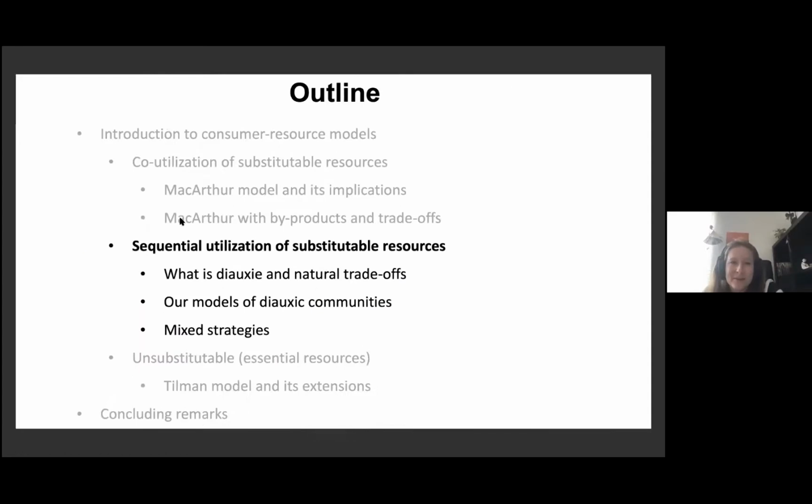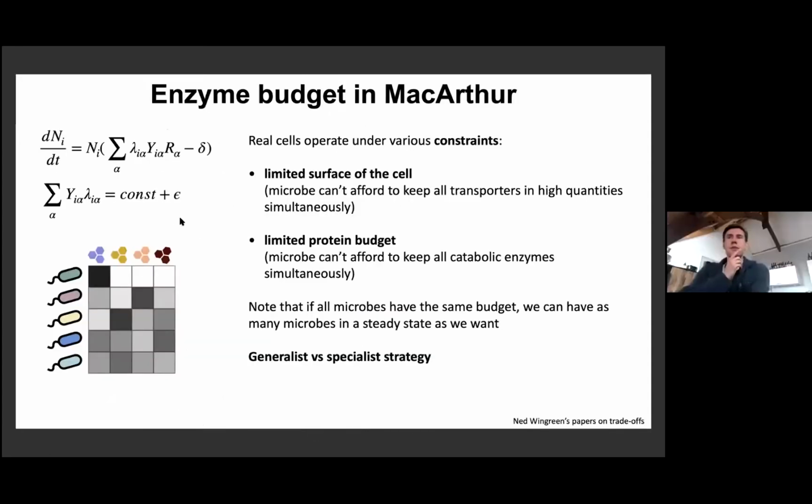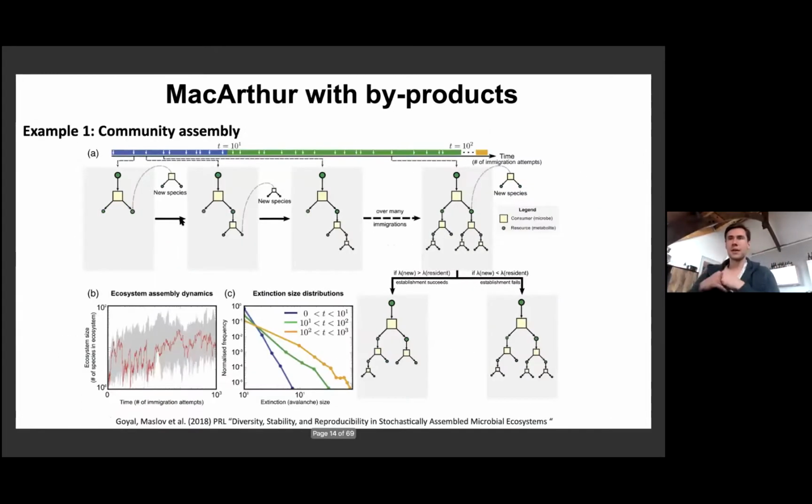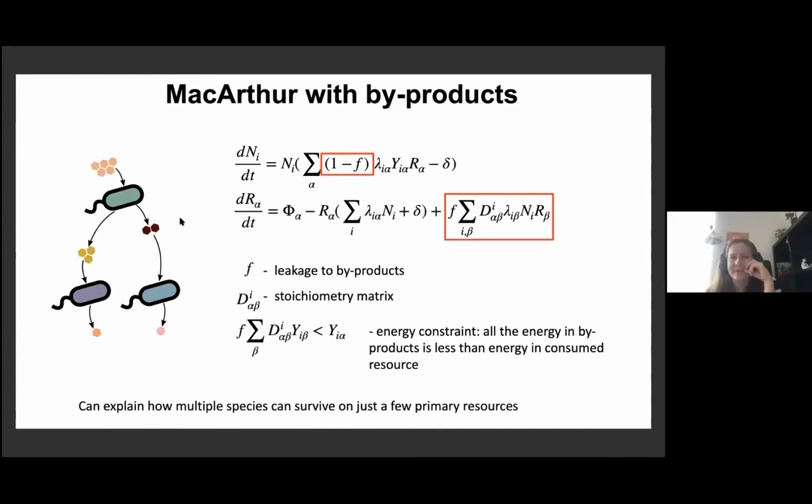So yeah. Can I ask a question? Yep. So in this MacArthur model, can you also model succession? So for example, if your primary degrader stops becoming the primary degrader because you have a perturbation or something. Yep. It is what it's used for in a lot of cases, right? Okay. Yes, you can have this community assembly, and in this community assembly, you will have this natural succession, because you will see that this microbe stuck in, it produced its byproducts.